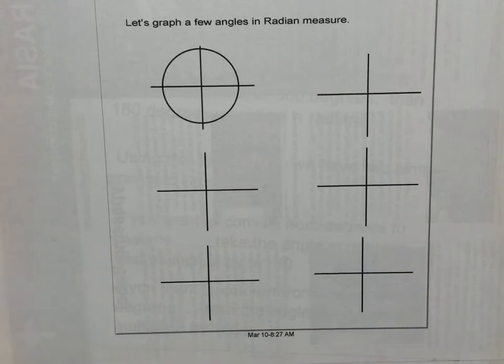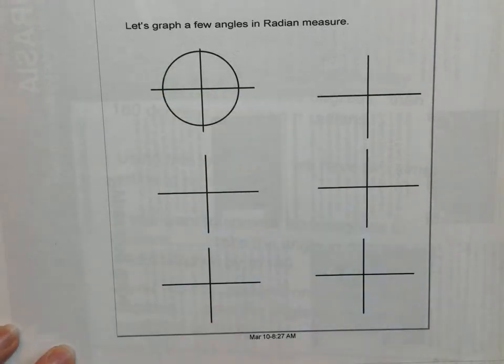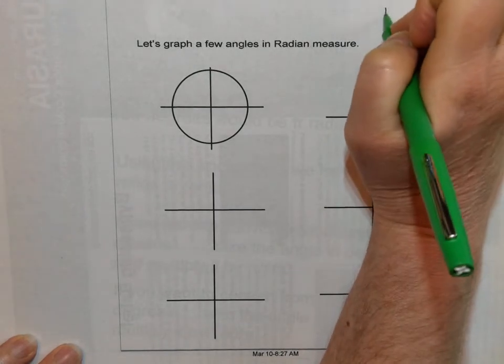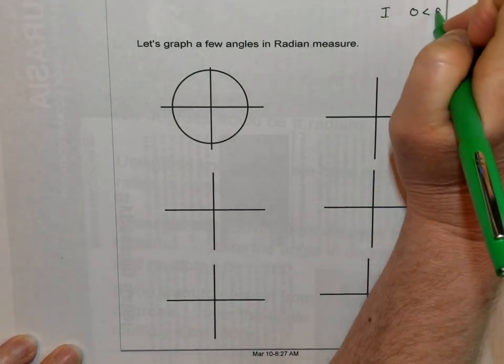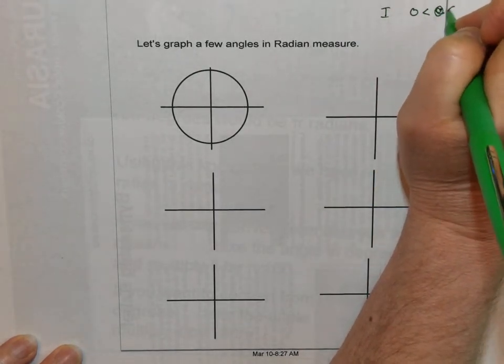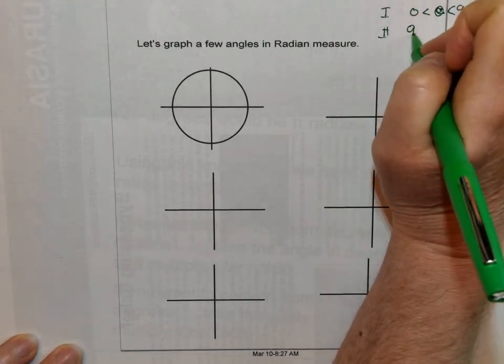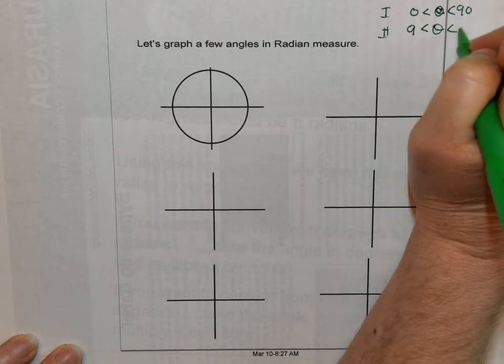All right, so let's talk about graphing in radians. Let me get my notes here. Hang on one sec. The right page here. Okay, so we want to graph some things in radians, but let's lay out the circle first. Like we did with the angles, if we're in quadrant 1, we're from 0 to 90 degrees, and if we're in quadrant 2, we go from 90 to 180 degrees.